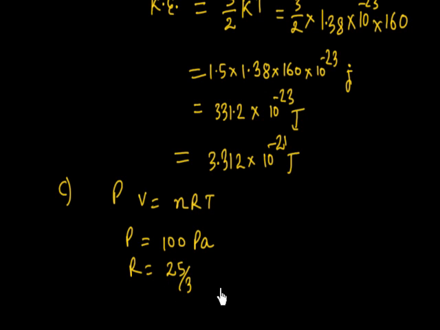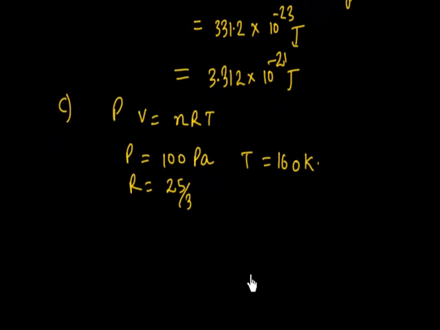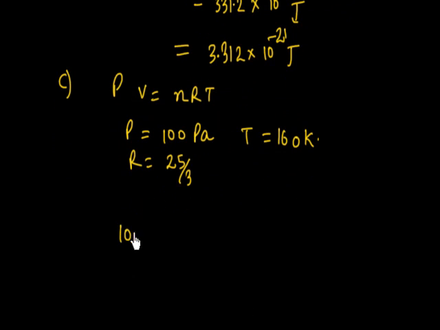Are you getting or not? And temperature I know, that is 160 Kelvin. So let us work in SI unit because everything is given in SI unit. So pressure is 100 Pascal, and volume is 1 meter cube.